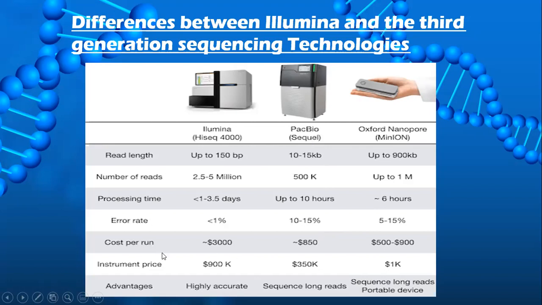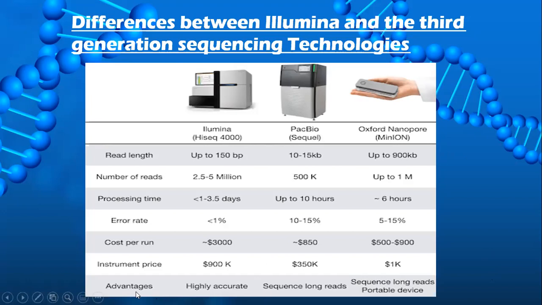The cost per run is around $3,000 with the HiSeq 4000, and it's between $500 to $900 with the Oxford Nanopore MinION. And the instrument price is around $900,000 with the Illumina HiSeq 4000, whereas the instrument price has decreased with the third generation machines to just $1,000 for the Oxford Nanopore MinION.